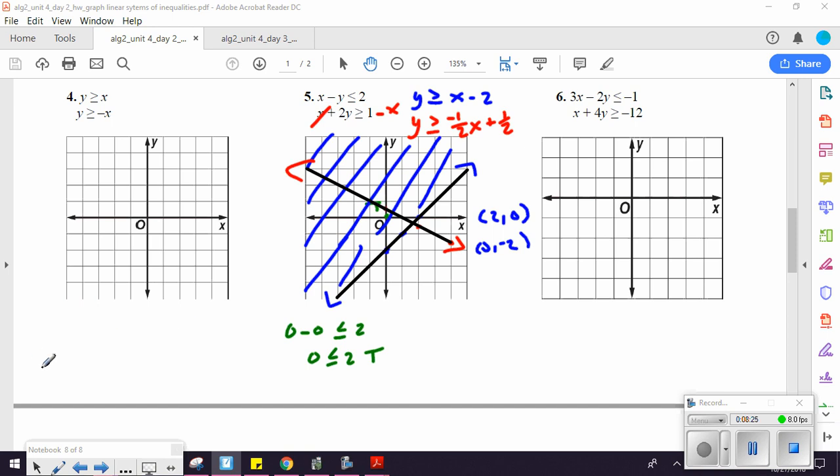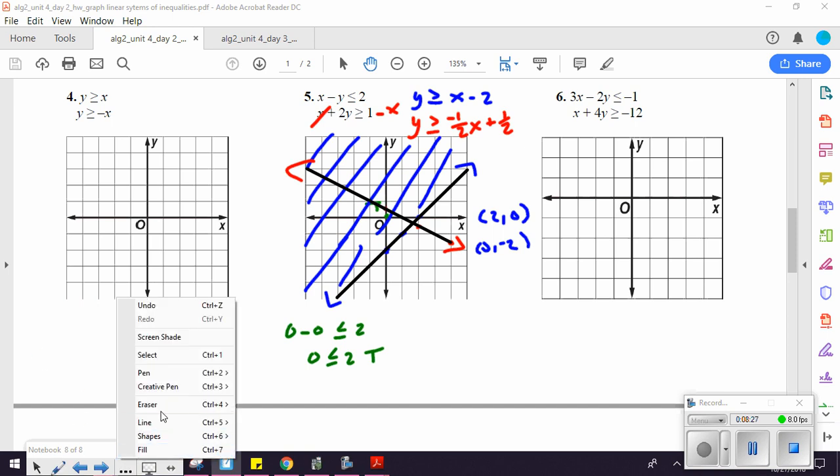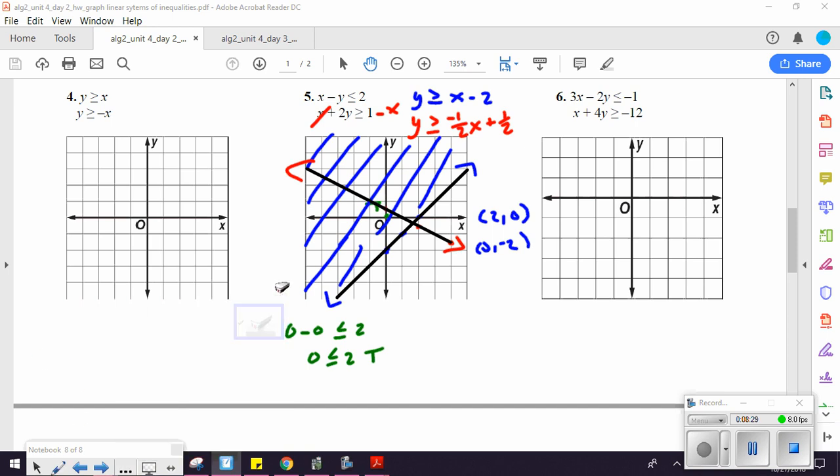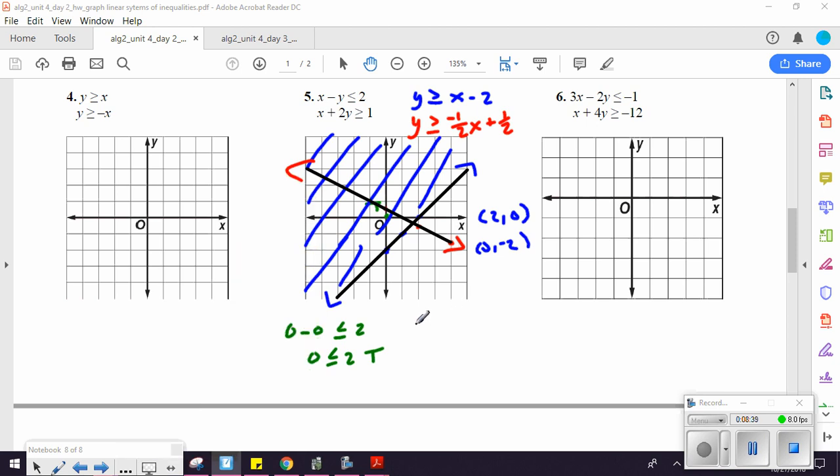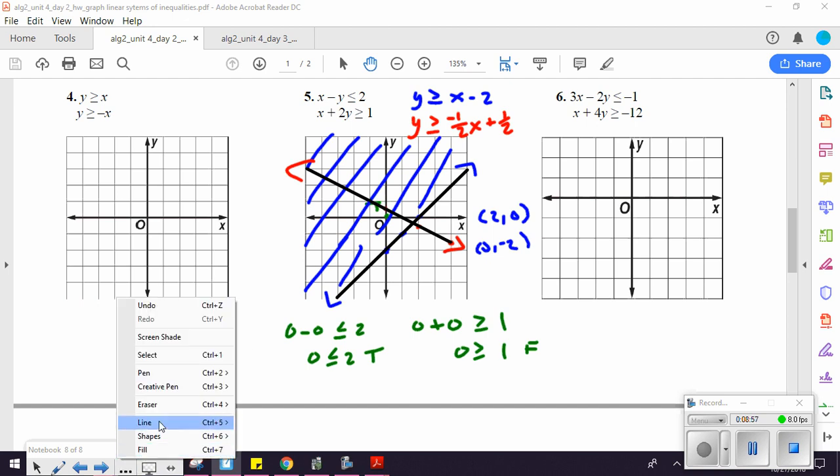I can use 0, 0 as my test point again because the line doesn't cross through it. I'm replacing 0 for x and for y, so I would have 0 plus 0 greater than or equal to 1. So 0 greater than or equal to 1 is a false statement. Since it's false, I would shade everywhere 0, 0 is not.